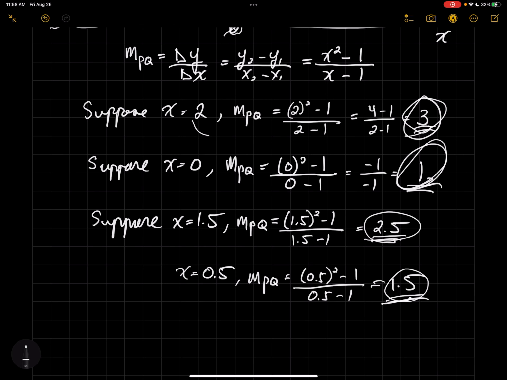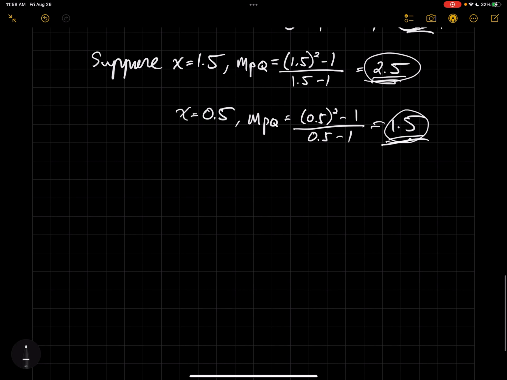In other words, we went from 3 to 2.5, we went from 1 to 1.5. The slope of the secant when Q is to the right of P decreased, but the slope of the secant when Q is to the left of P increased. And they're starting to approach each other, okay?